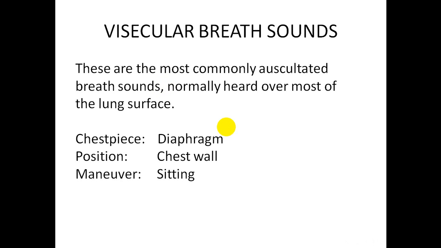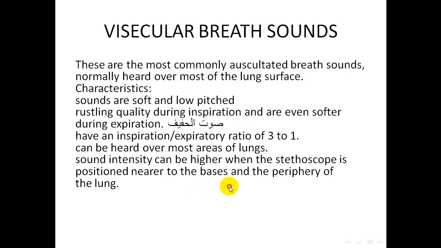Some clinicians use the bell; follow the instructions in your textbooks. Use the diaphragm for all respiratory auscultation. Position on the chest wall, either anterior or posterior, preferably with the patient in a sitting position, though sometimes the patient may be lying.